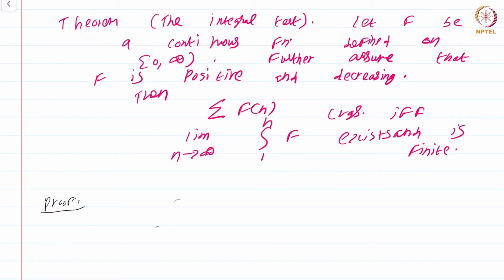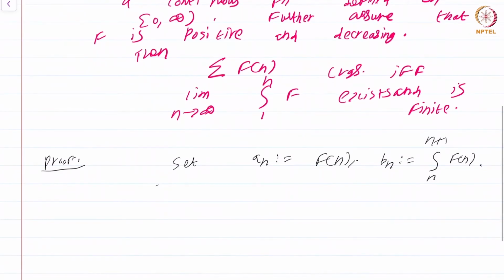Set a_n by definition to be just this f(n). Okay, and set b_n to be the integral from n to n plus 1 of f. Now we are assuming that f is decreasing, which just means that f(n plus 1) is less than or equal to f(n).